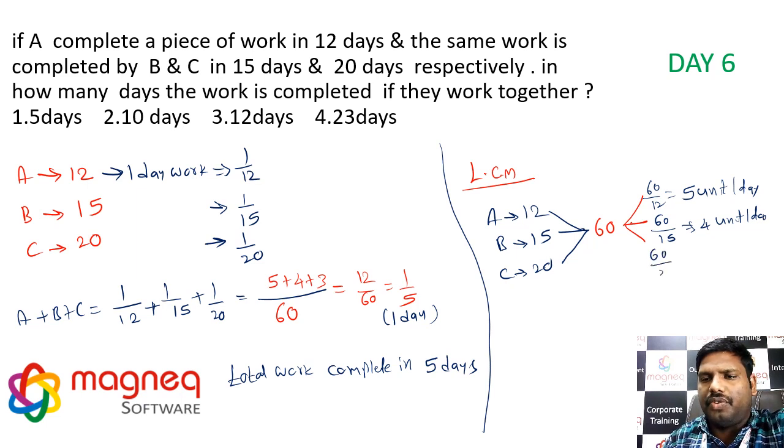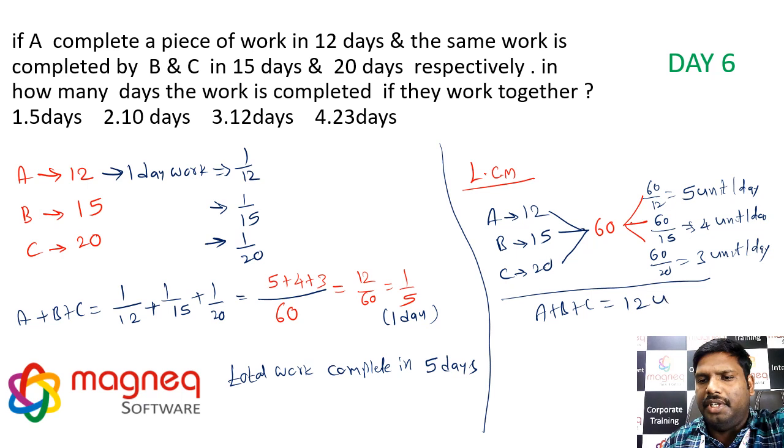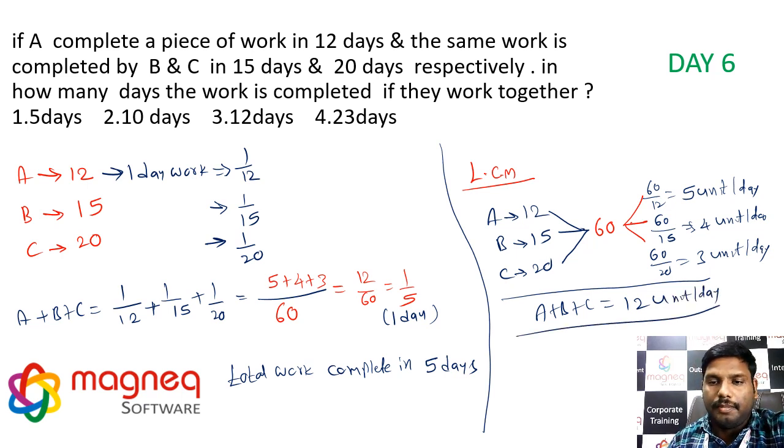And 60 by 20 means 3 units per day. So A plus B plus C, 5 plus 4 plus 3, 12 units per day. So total LCM 60 means there are total 60 units of work, per day 12 units. Total work is completed in 5 days.